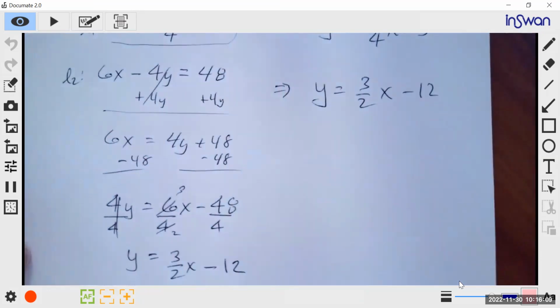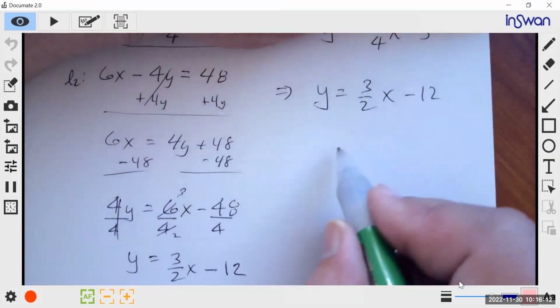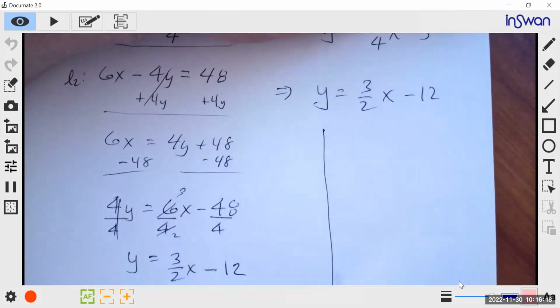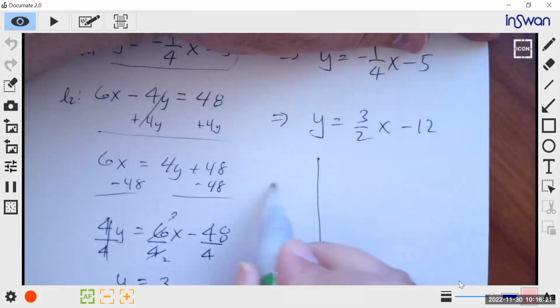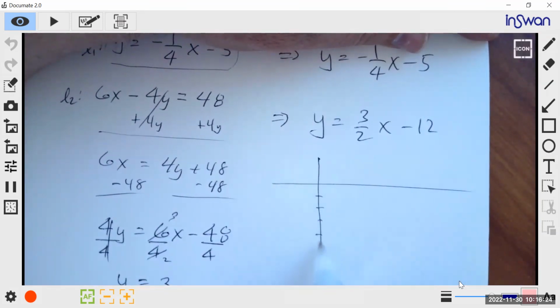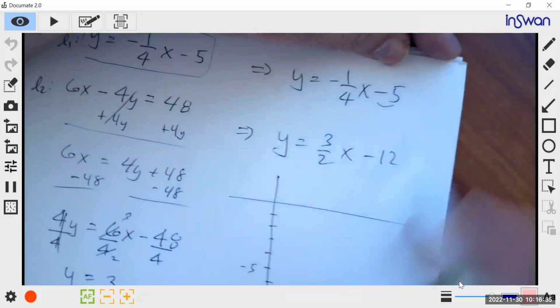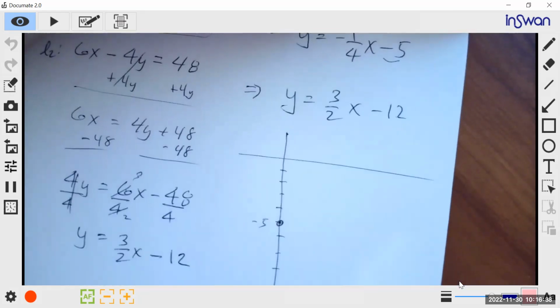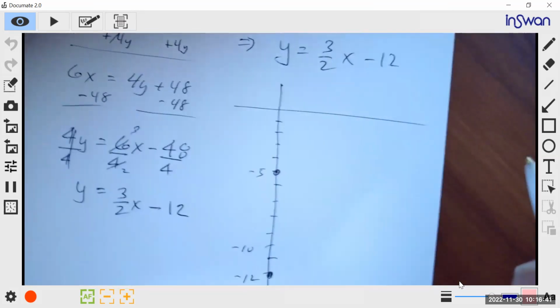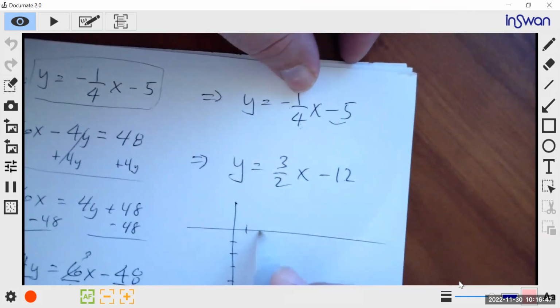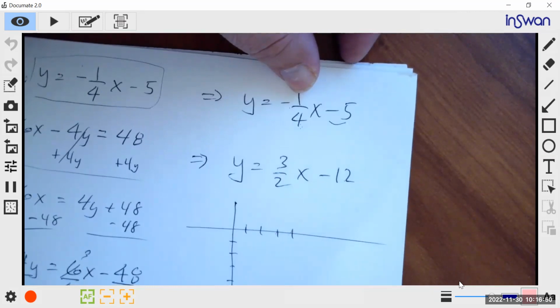So here we have our two equations. Since both of my y-intercepts are negative, I count 1, 2, 3, up to 12. So the first y-intercept is at -5, the other one's at -12. The slope from this one, go down 1 over 4.